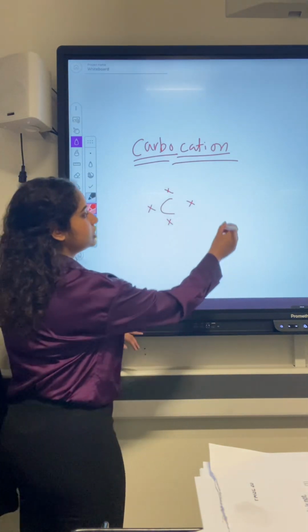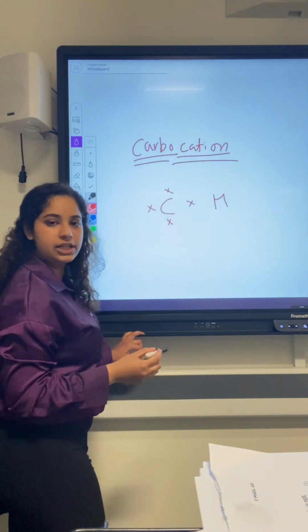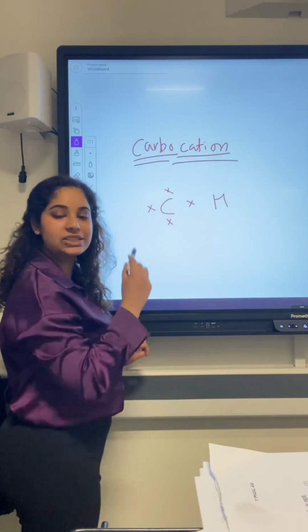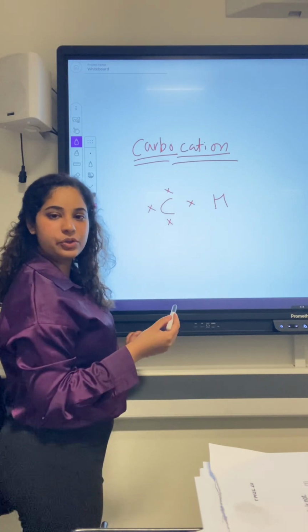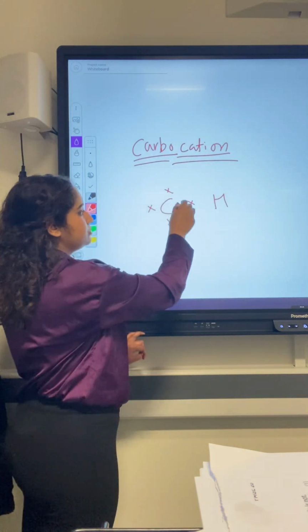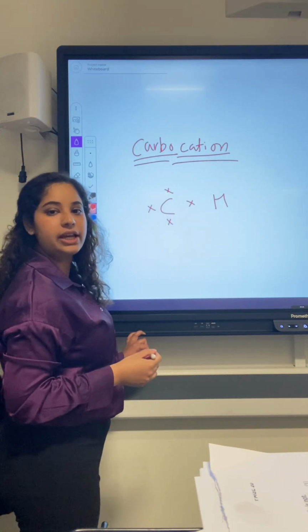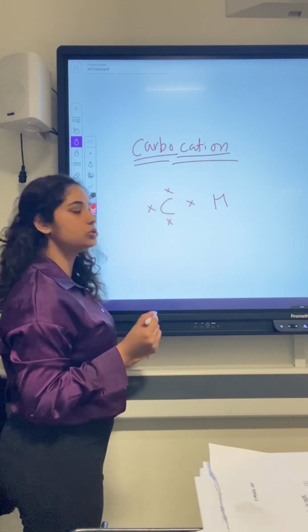So if we have a look at hydrogen, hydrogen is from group 1, so it has 1 electron in its outer shell. In order for it to become stable, it will need 1 more electron. Carbon has 4 electrons in total. In order for it to become stable, it will need 8 electrons in total.